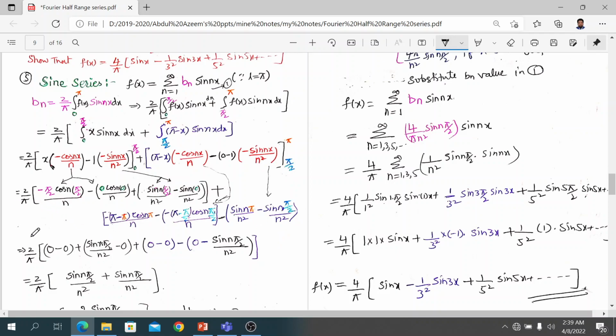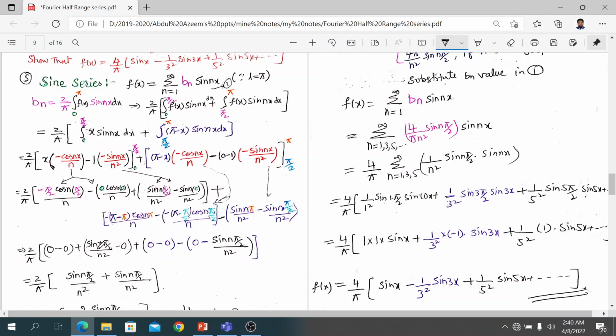So 2 by pi: cos 90 is 0, and 0 into something is 0. Here sin n pi by 2 by n square remains, minus sin 0 is 0, and 0 by something is 0. Cos n pi times 0, pi minus pi is 0. Minus this one is 0, minus sin n pi by 2 by n square as it is.